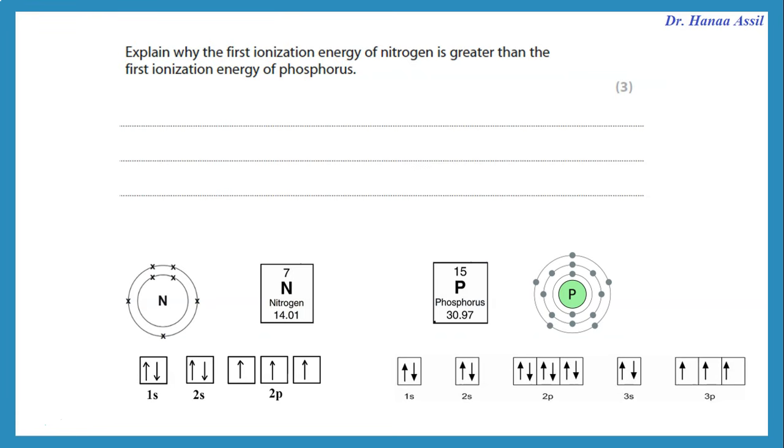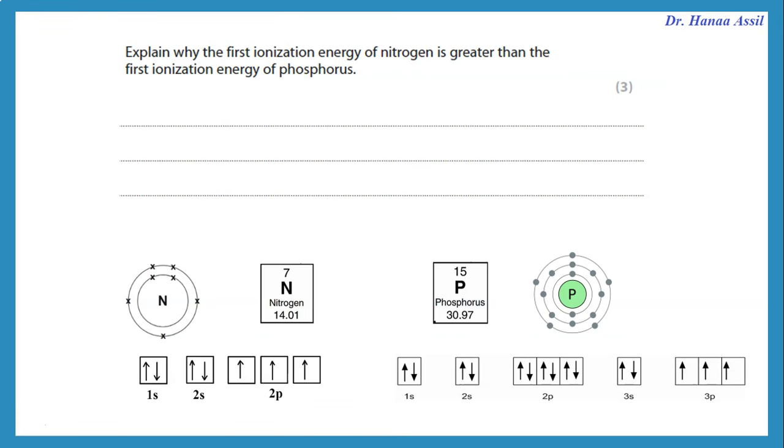Notice that the electron we're removing from phosphorus is from a 3p. That means a third energy level, while the electron we're removing from nitrogen is from a second energy level.